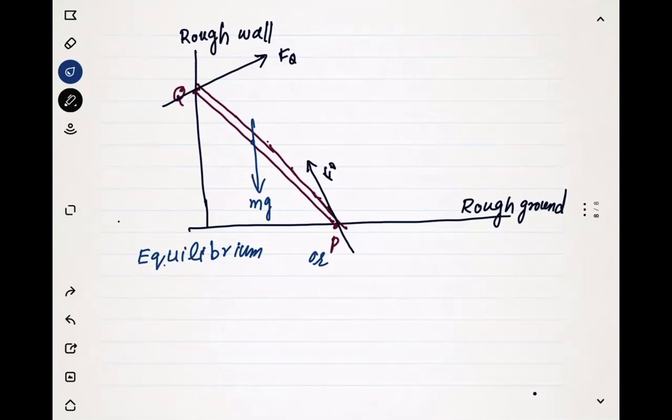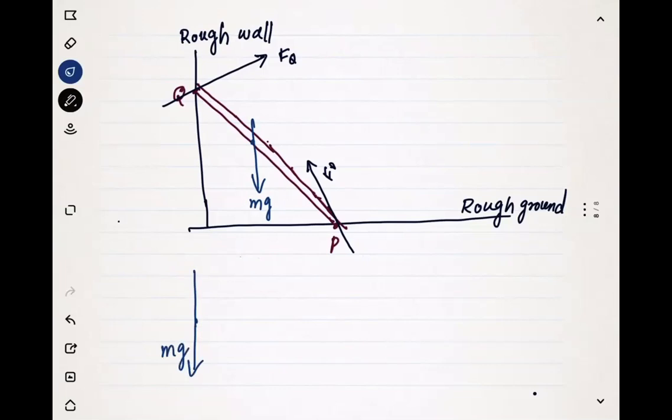So for equilibrium, the forces must make a closed triangle. Let's check whether they make a closed triangle or not. First of all, if we draw a force, mg, mg is vertically downwards.